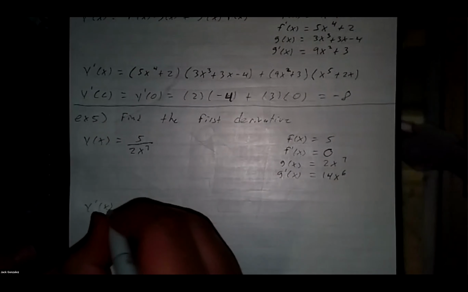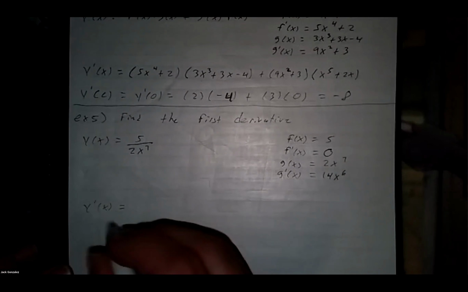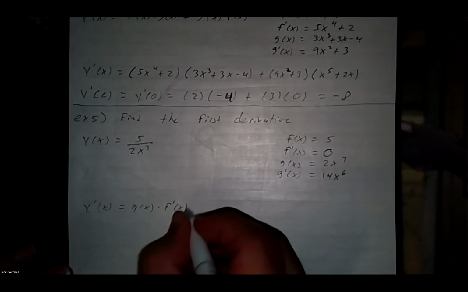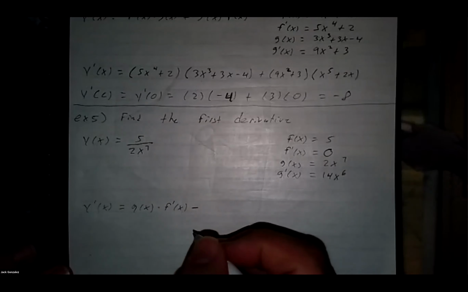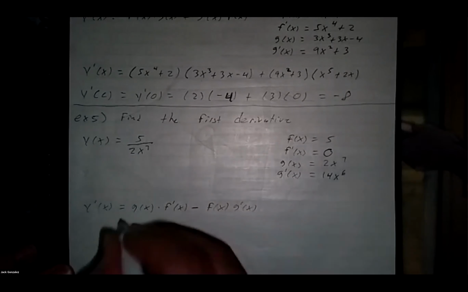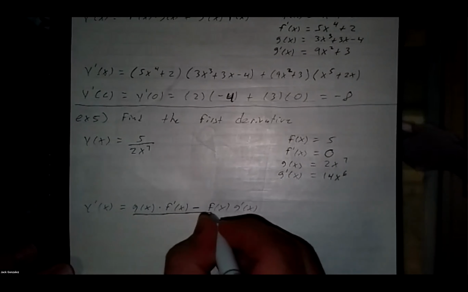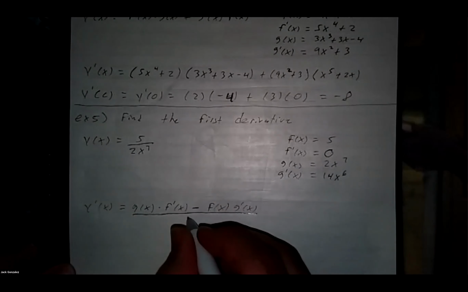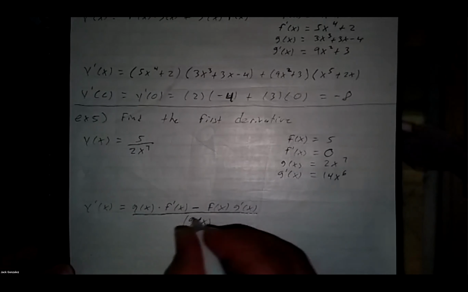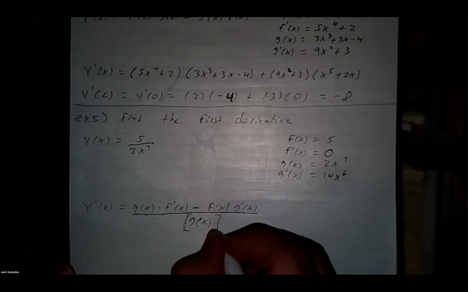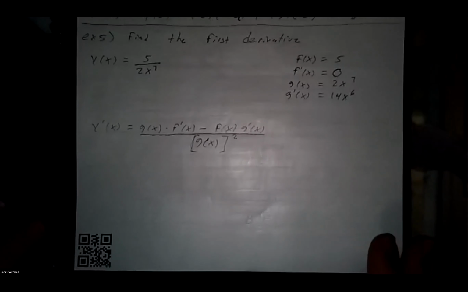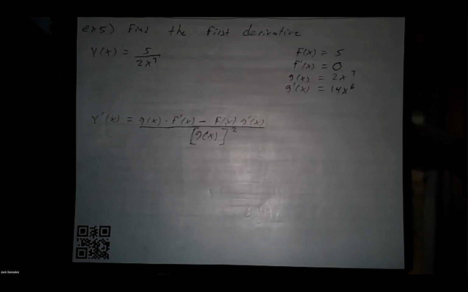All right, so y prime for a quotient will be g times f prime minus f times g prime. Here we go, just plug it all in.